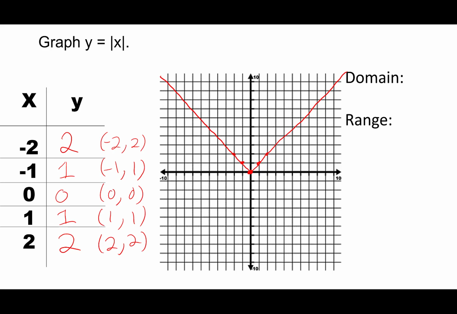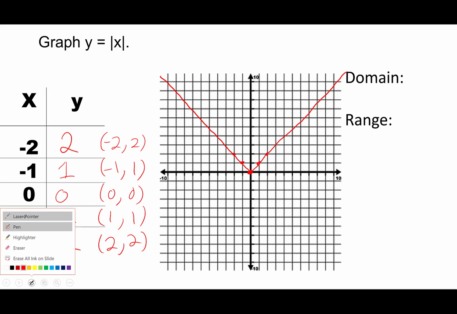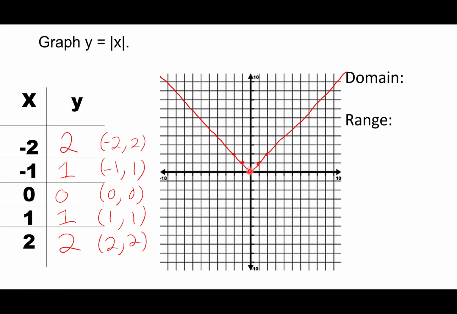So our parent function. Now looking at the domain and the range, looking at my graph, I'm going to keep going to the left no matter what I do, and I'm going to keep going to the right. So we have what we call all real numbers. No matter what I pick for x, it's going to be somewhere on one of these arms.